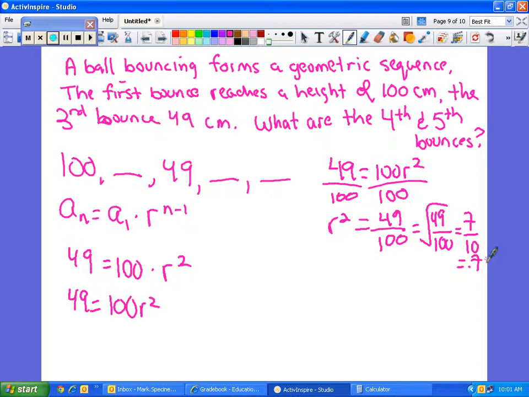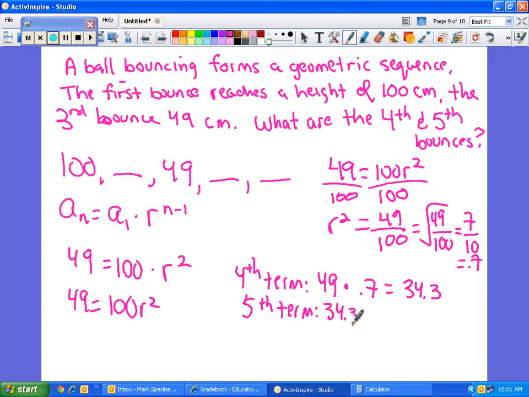Now that I know the ratio, I can just plug it in. So to find my fourth term, it's going to be 49 times 0.7, which is 34.3. And then to find my fifth term, it's going to be 34.3 times 0.7, which the book tells me is approximately 24.